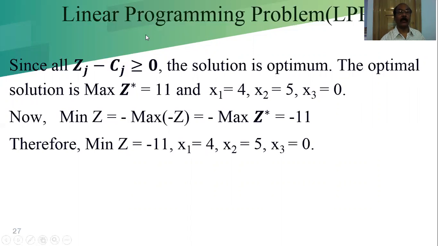But our original problem is minimum Z. So minimum Z is equal to minimum of maximum of minus Z, which is equal to minus of max Z, equal to minus 11. So this is our optimum value, that means Z equal to minus 11, and the optimum solution is min Z is equal to minus 11, x1 equal to 4, x2 is equal to 5, and x3 is equal to 0.